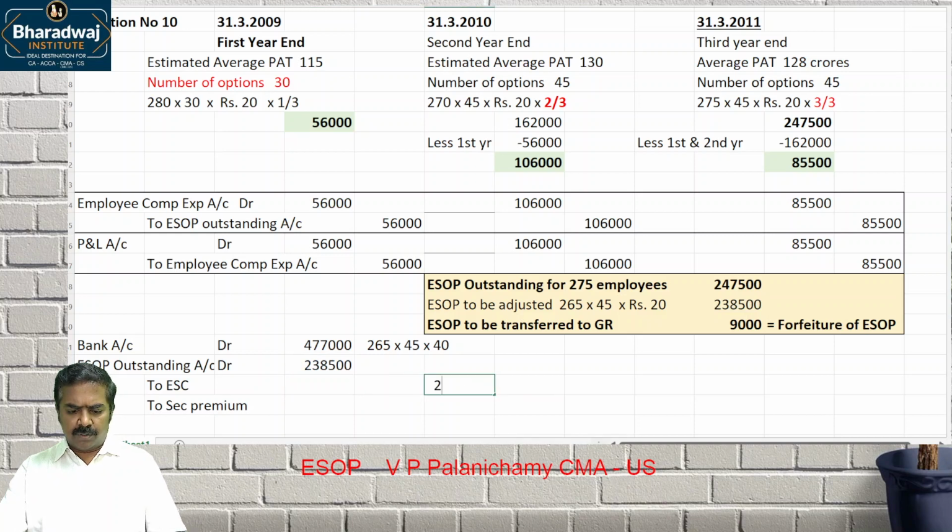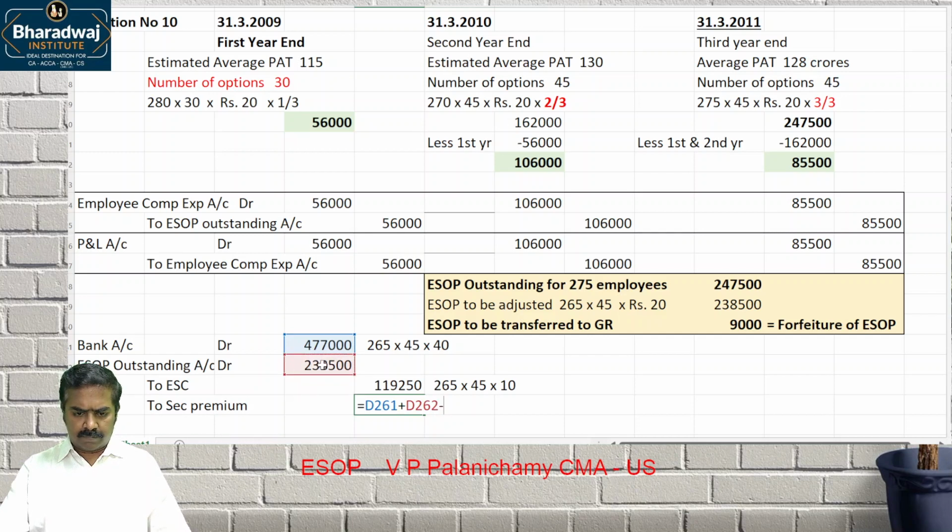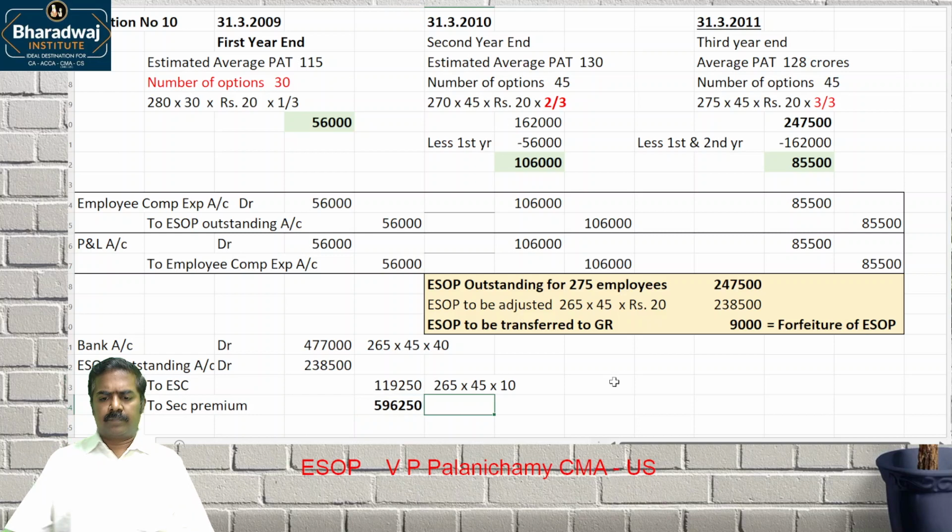To capital 265 into 45 into 10. We'll transfer the rest to general reserve.